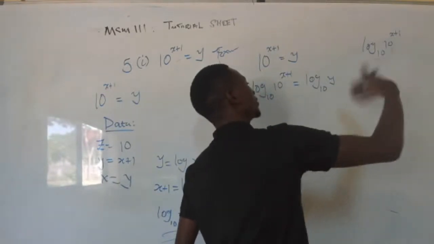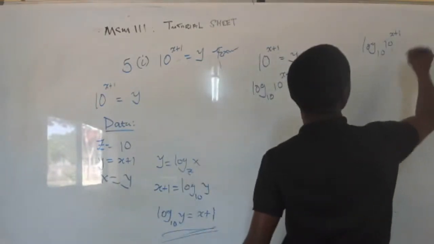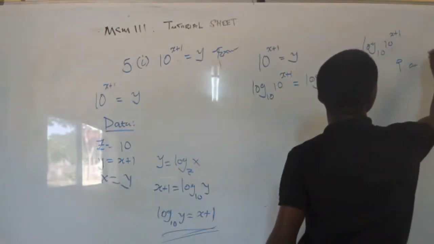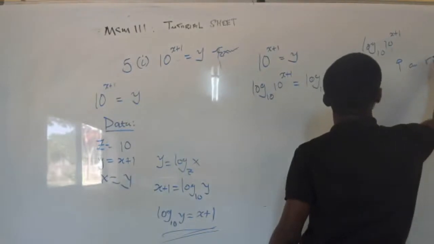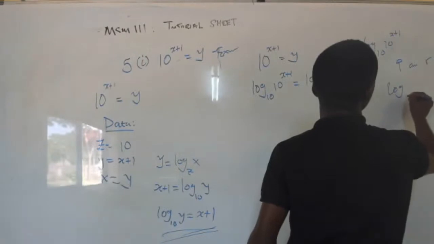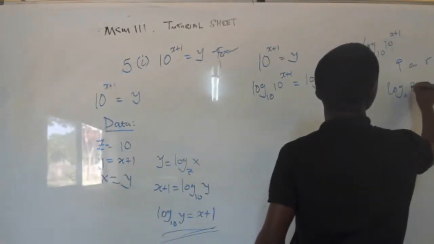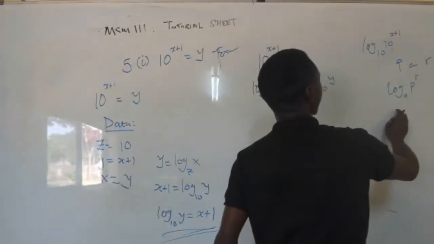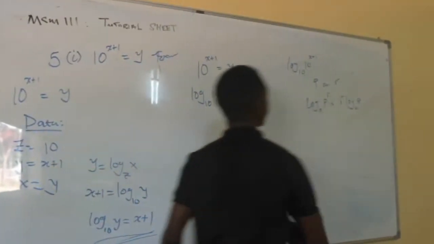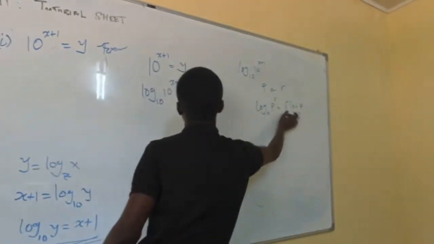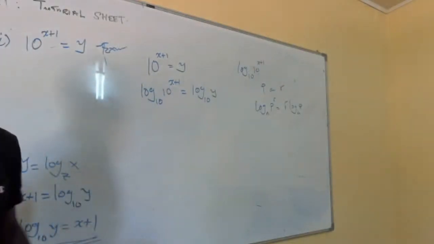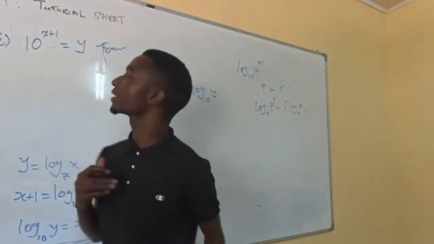Recall that for any real number p and another real number r, we have log a p to the power r equal to r log a p. So we are going to apply that here. What's our power? Our power is x plus 1.